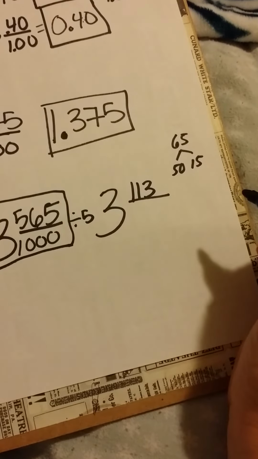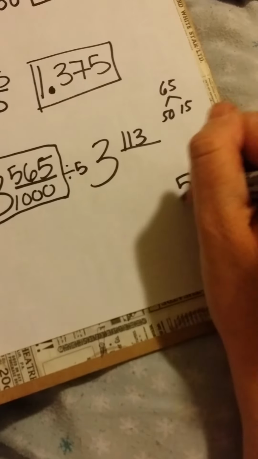Or you could come out to the side and actually divide it. 565 divided by 5. You could give each person 100, leaving you with 65. Give each person 10, leaving you with 15. Then you can give each person 3, leaving you with nothing. So they each got 113.